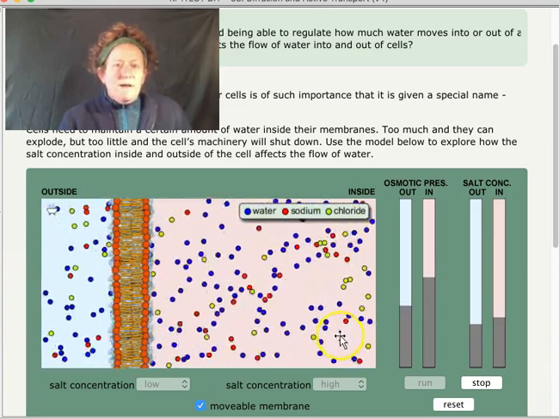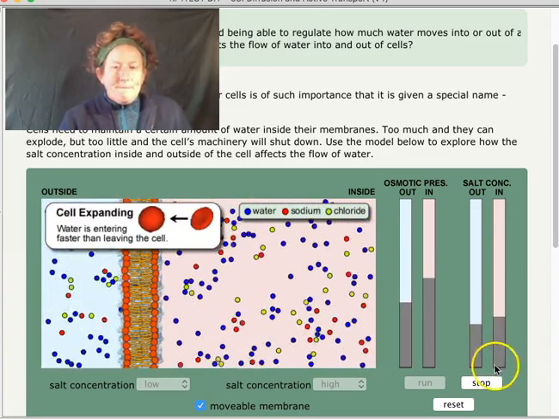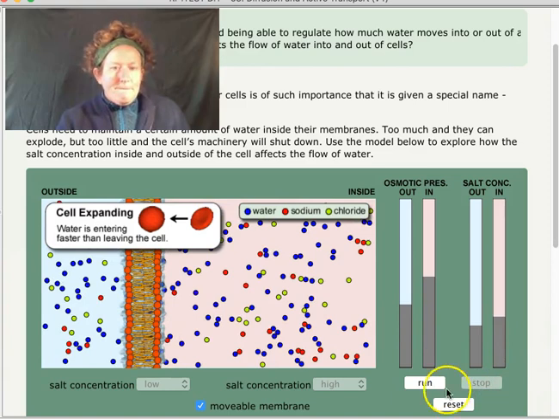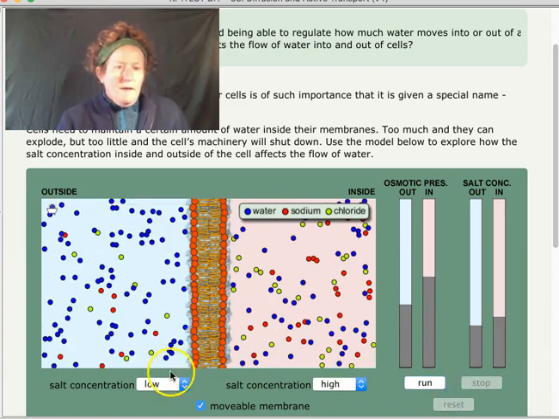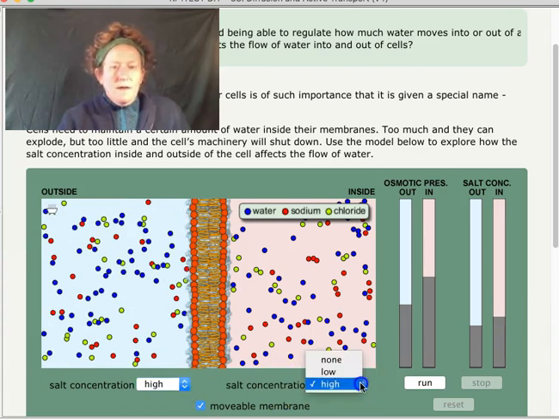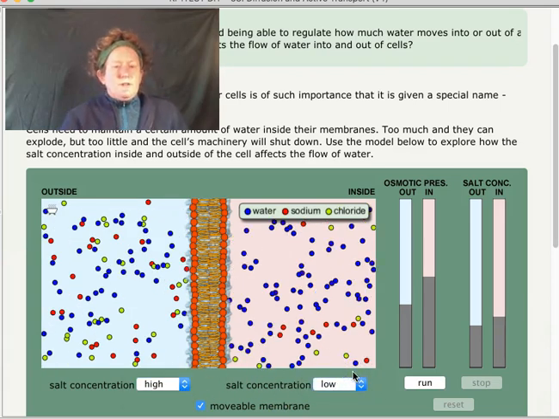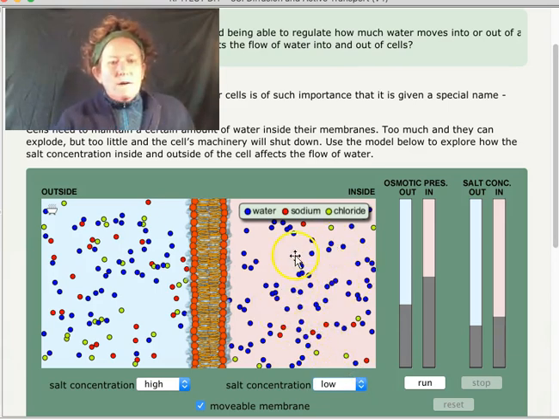If we run it the other way, if we put a high salt concentration out here and a low salt concentration out here, what do you think is going to happen? There are more water molecules out here. There's a higher concentration of water because there's a lower concentration of salt.